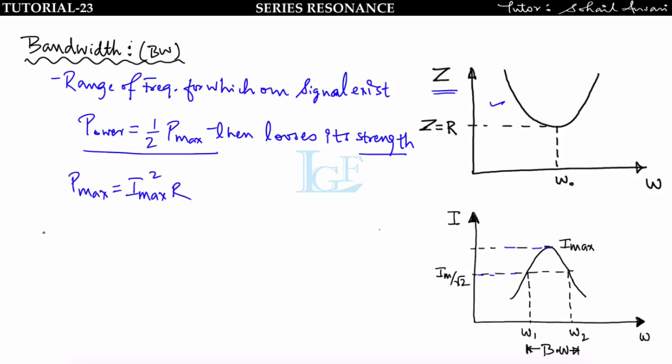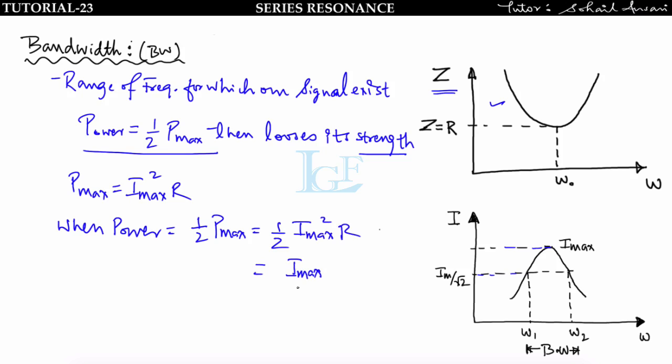Now when power is equal to 1 by 2 of P max, that is equal to 1 by 2 of I max square into R, we can write it like this: (I max by root 2) square into R. That means when the current is 1 by root 2 times the maximum current, then we can get the cutoff frequency, because for current less than 1 by root 2 times the maximum current, the channel does not exist, and for current greater than 1 by root 2 times the maximum current, the channel exists.